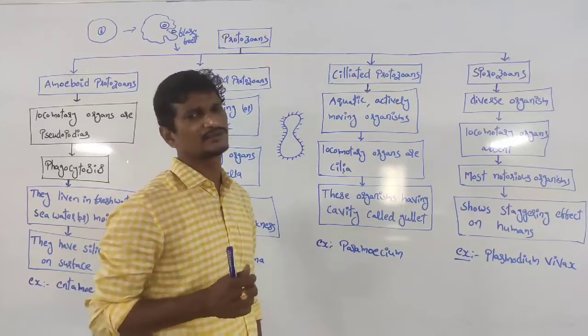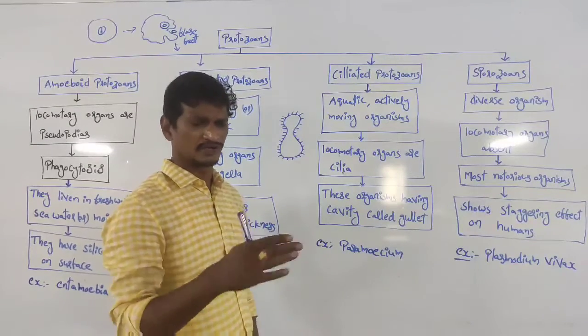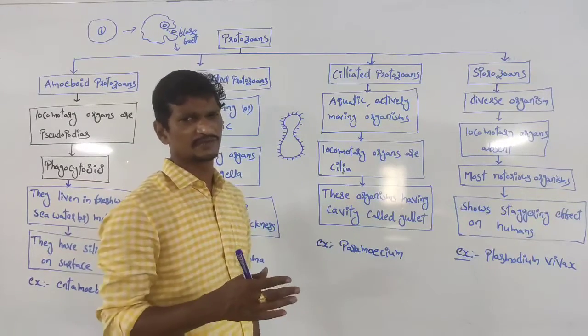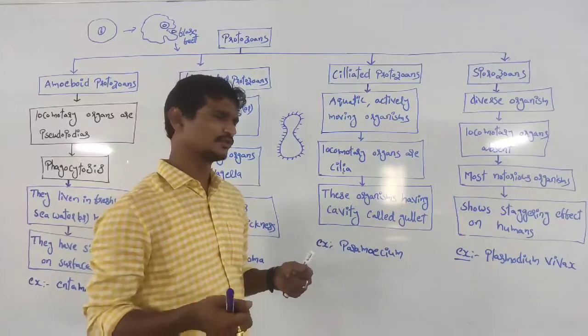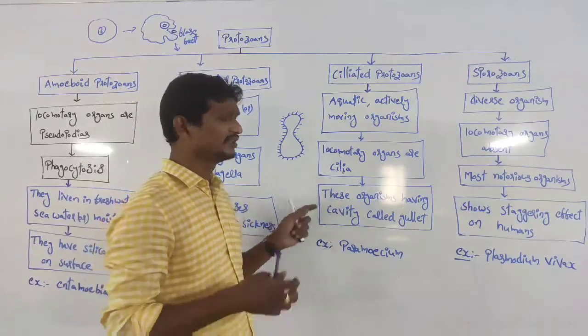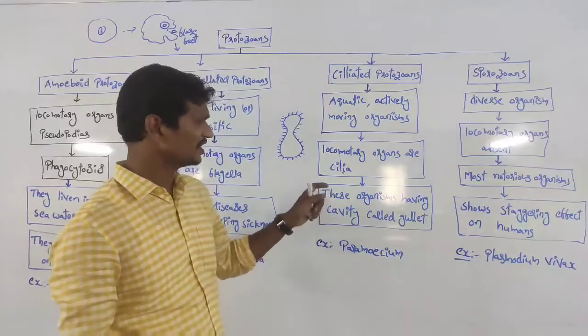Finally, the organism engulfs the food material. Steering is nothing but moving or rotating. We know steering, right? Car steering, bus steering. So here steering is nothing but rotating or moving towards the food material, right?